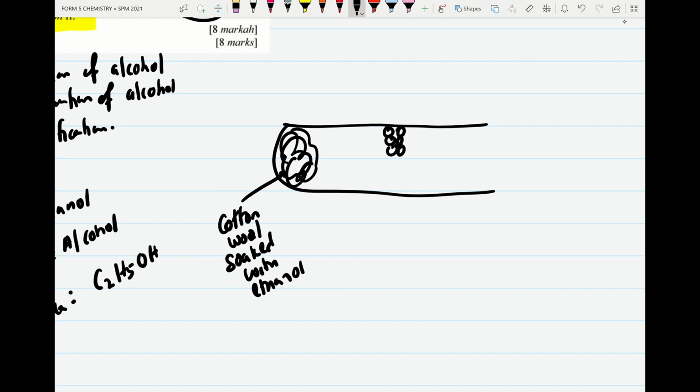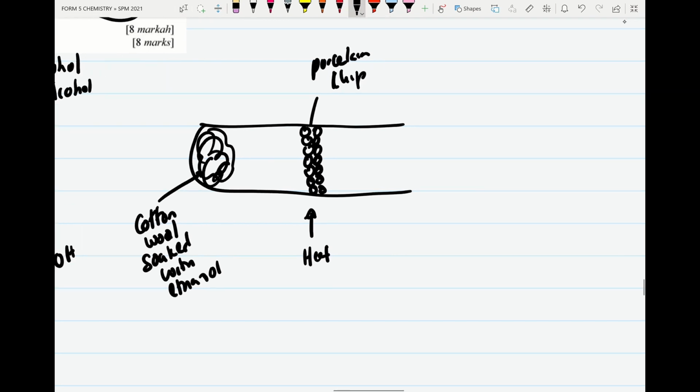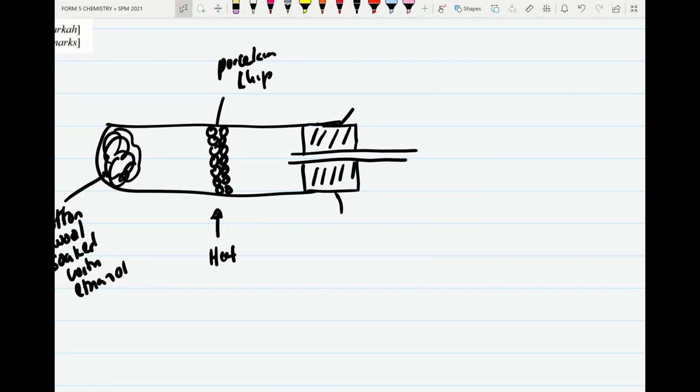We put porcelain chips here and heat here. The gas produced is directed through the delivery tube. The stopper should be drawn like this, and we need a retort stand.